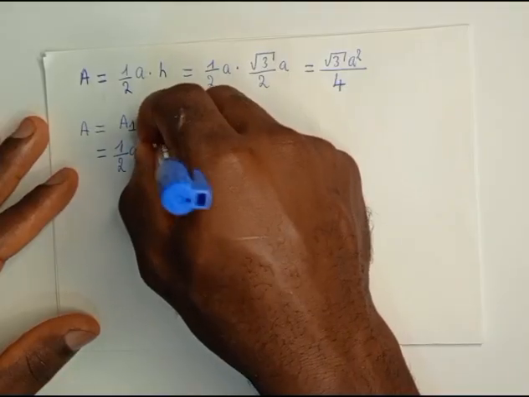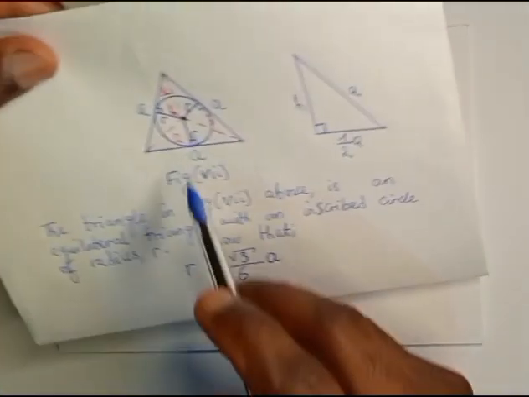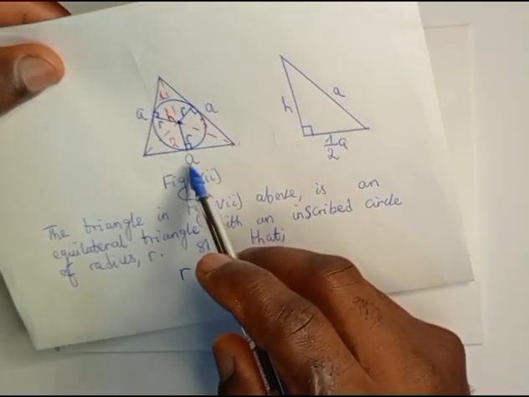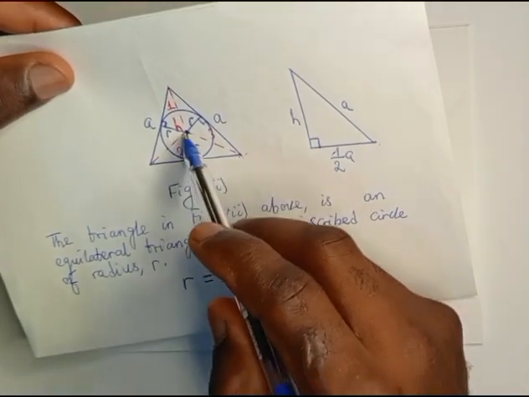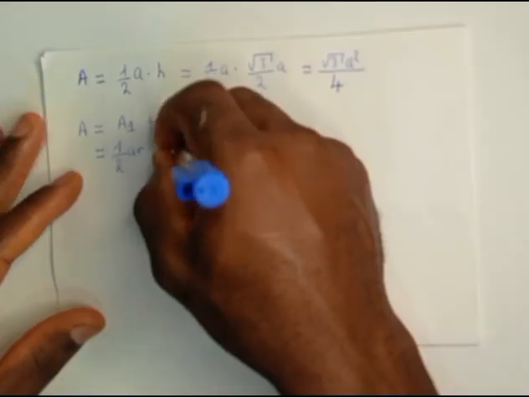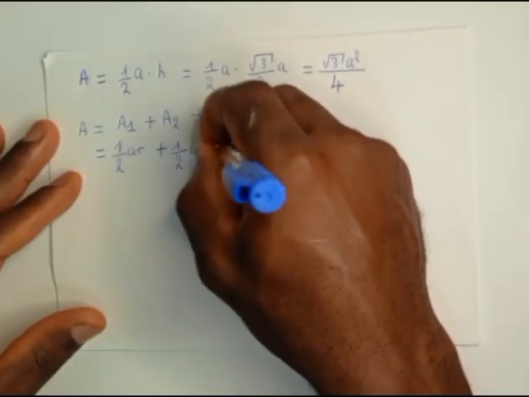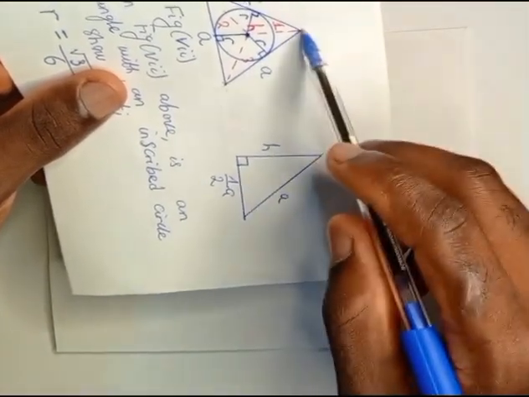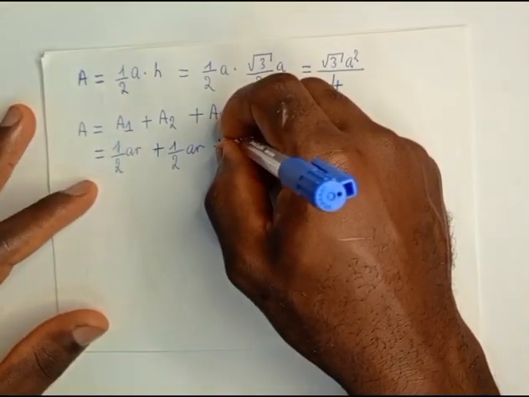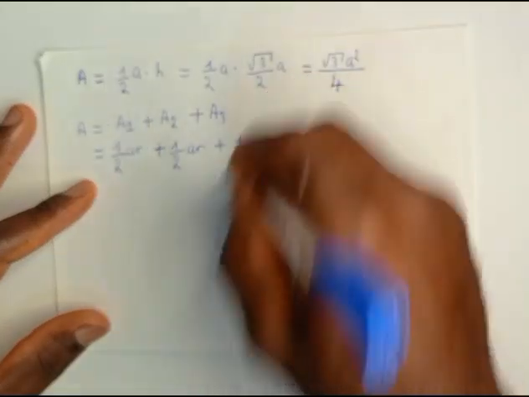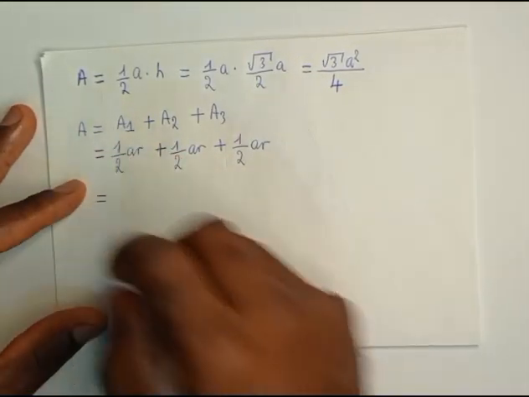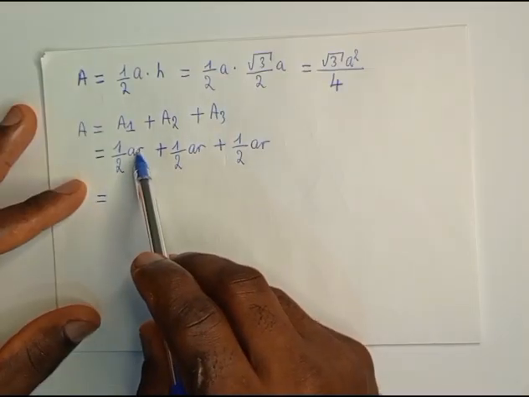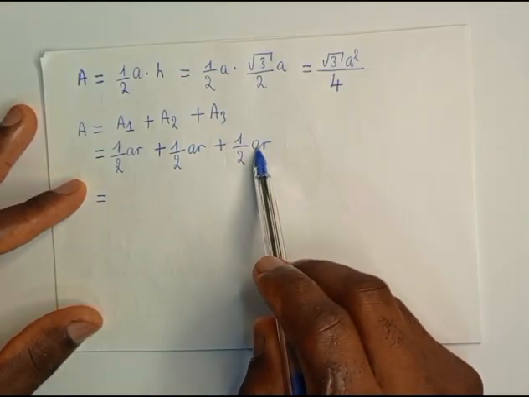AR, plus the area of triangle 2, this one, which is a half the base, which is A, times the height R, plus the area of triangle 3, this triangle, which is a half base, the base is A, times vertical height, which is R. This will simply be equal to a half AR plus a half AR plus a half AR.